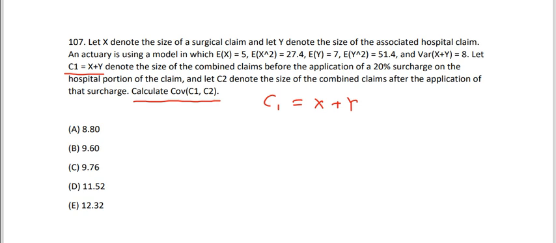So before the application of the 20% surcharge. So what is C2? C2 is after the application of that surcharge. So this means C2 equals 1.2 of x plus y.